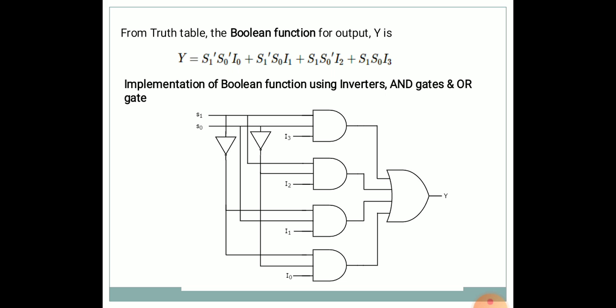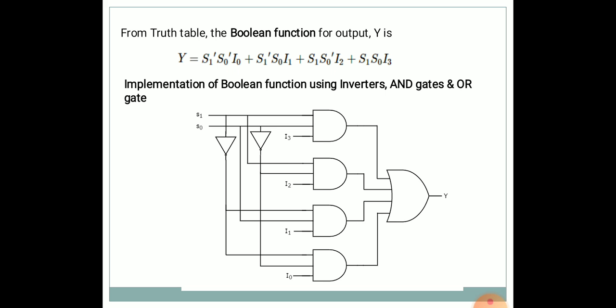When both S1 and S0 have 0 values, the input line I0 will be routed to Y, that is the output will be I0. So this itself is written as Y equal to S1 dash S0 dash I0 plus S1 dash S0 I1 plus S1 S0 dash I2 plus S1 S0 I3.